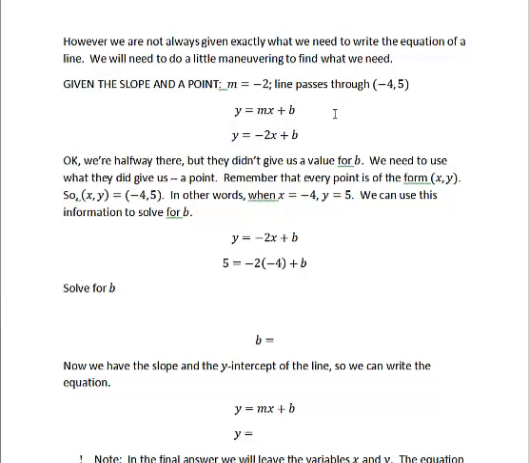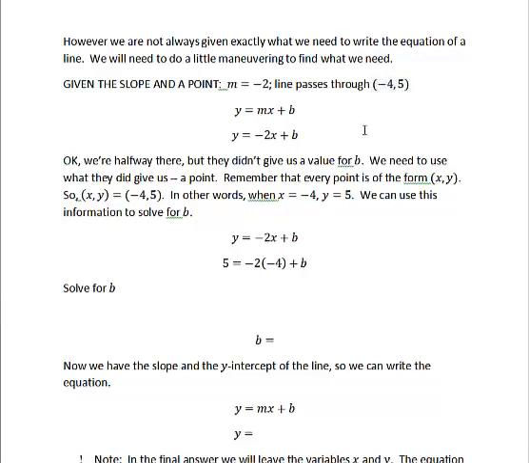We're not told what the y-intercept is, we're just given a general point on the line, and you should recognize that these coordinates are not the y-intercept because the x coordinate is not 0. Okay, the y-axis is located at x equals 0. So with the x coordinate of this point being -4, we know it's not the y-intercept.